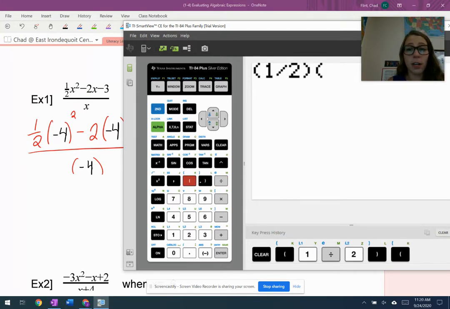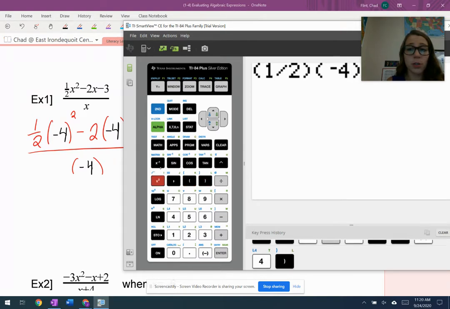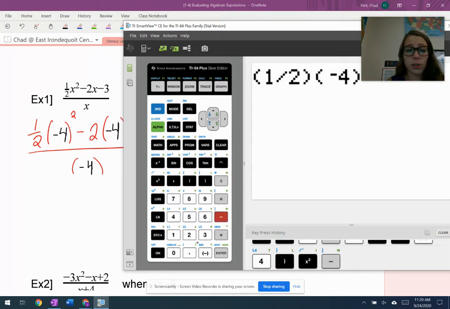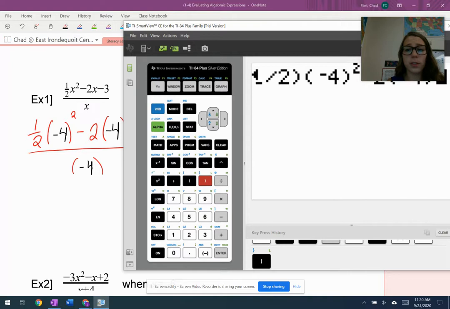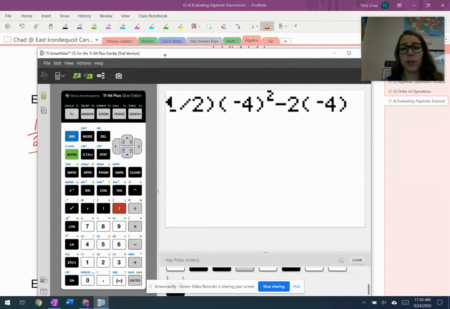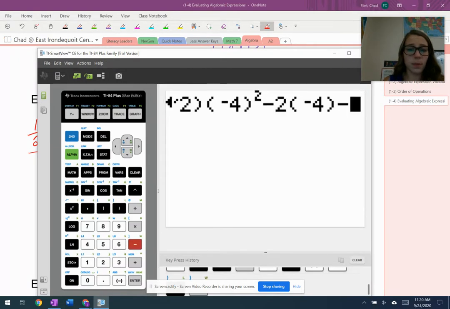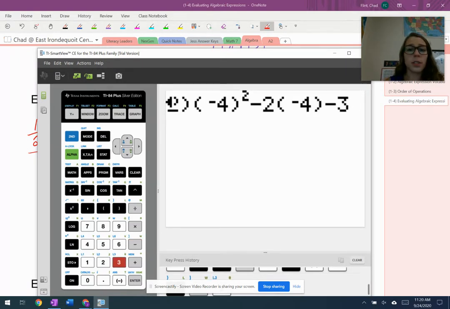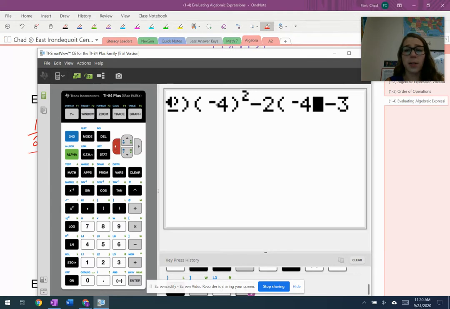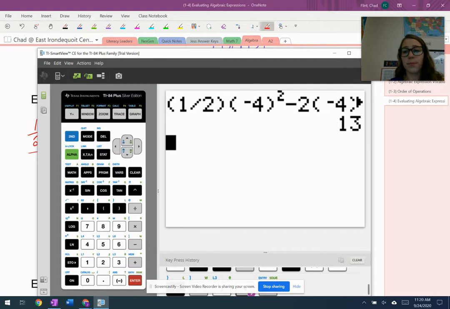I've got another set of parentheses for my -4 squared, minus 2, parentheses, -4, close parentheses, and I gotta move this down, -3. Okay, so you'll see I typed that in exactly how it is. And go ahead and hit enter. And I'm getting 13.